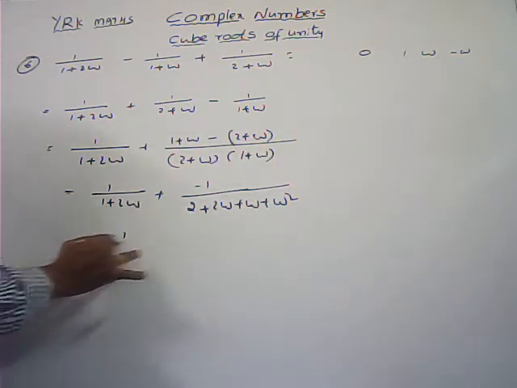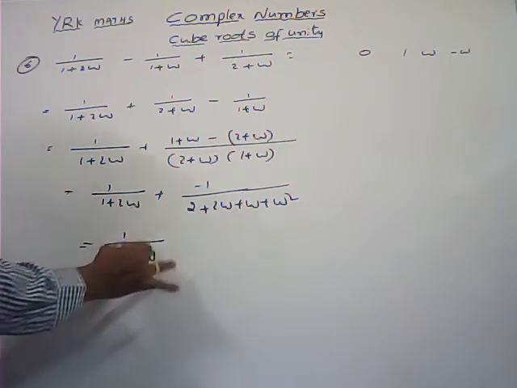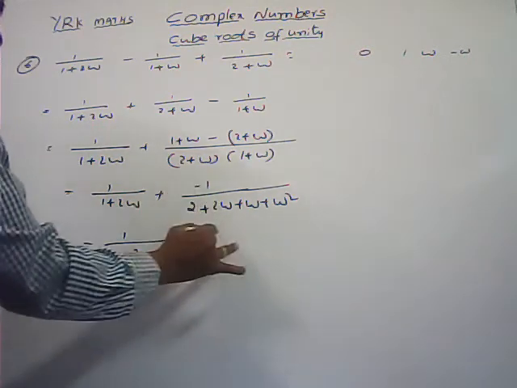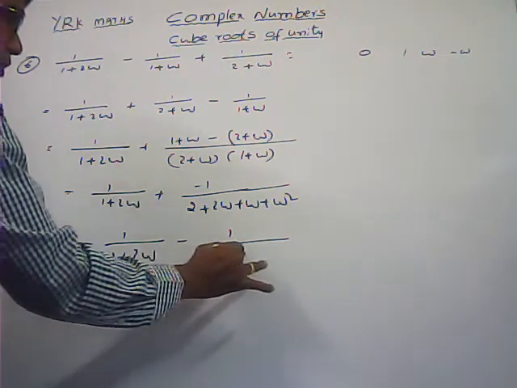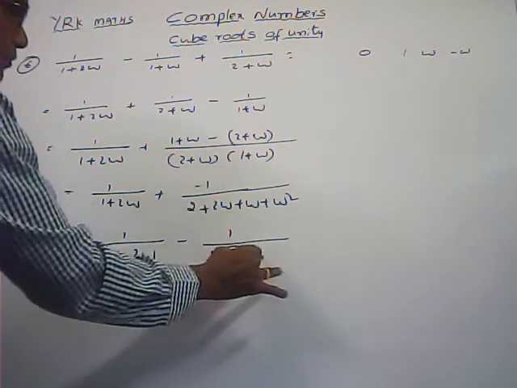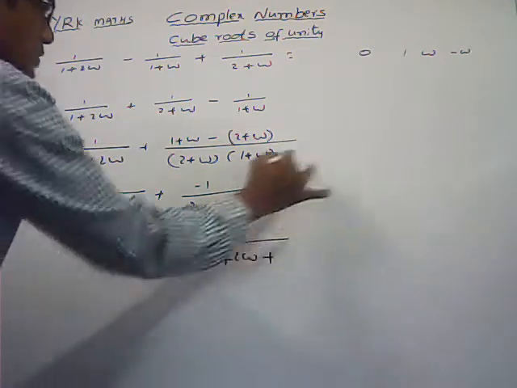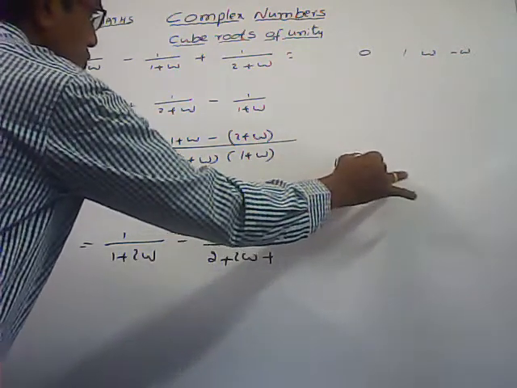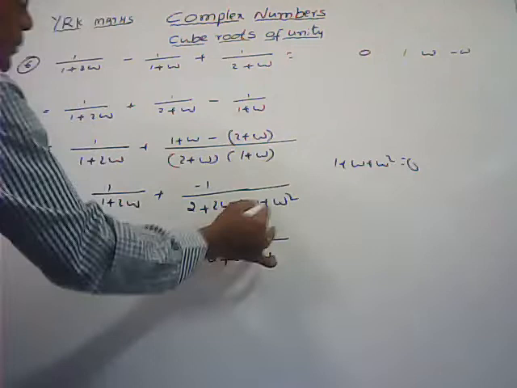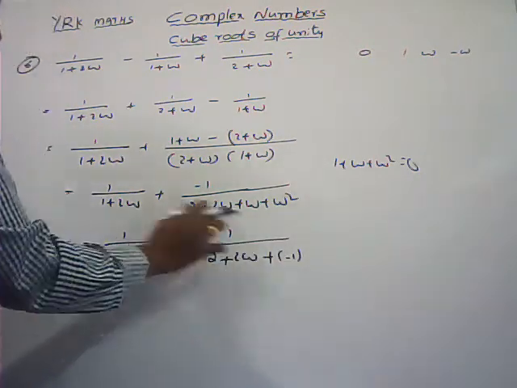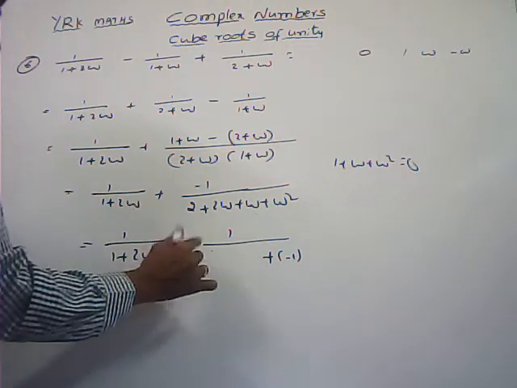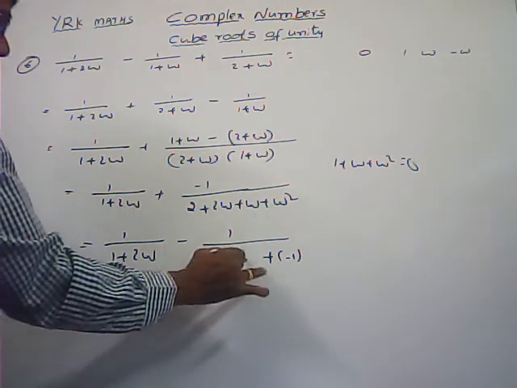That is equal to 1 by 1 plus 2 omega minus 1 by 2 plus 2 omega, and omega plus omega square; 1 plus omega square is equal to 0, so omega plus omega square is equal to minus 1. And from the first two terms also we can take 2 as common, 1 plus omega.